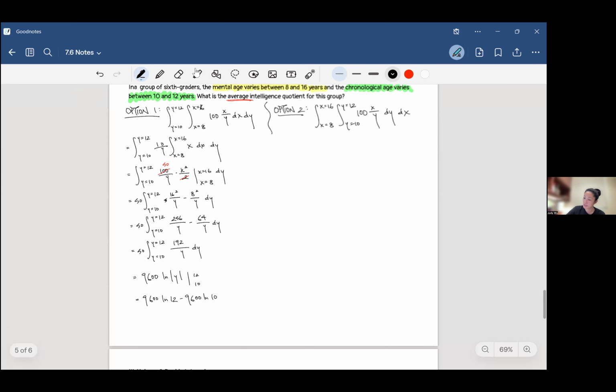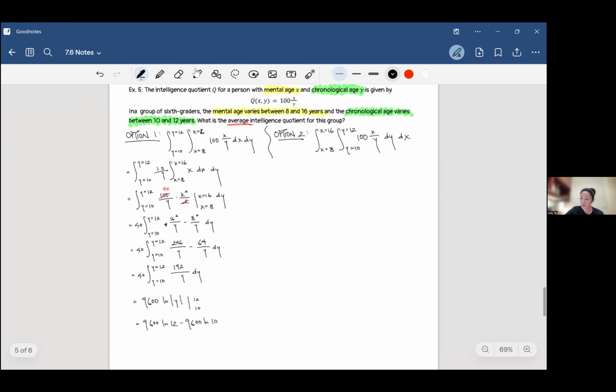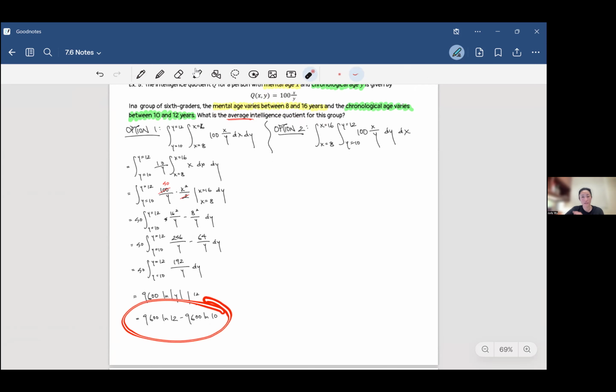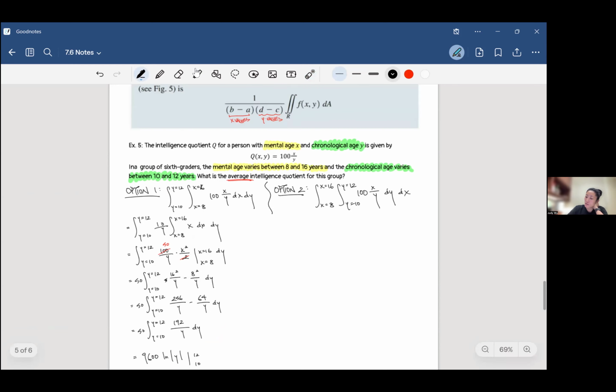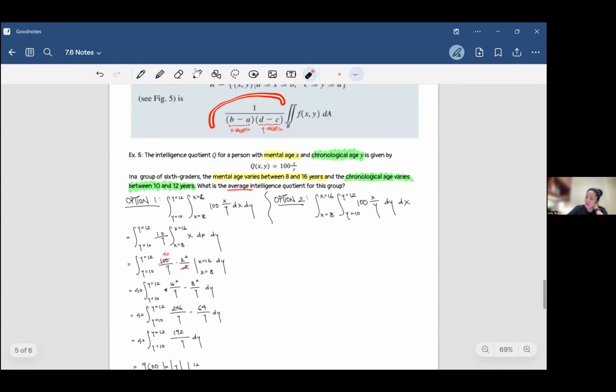Now keep in mind, even though we've done so much work, this is not our final answer. The reason it's not our final answer is because I'm asking for the average intelligence quotient, which means I need to go ahead and find this 1 over b minus a times 1 over d minus c, okay?